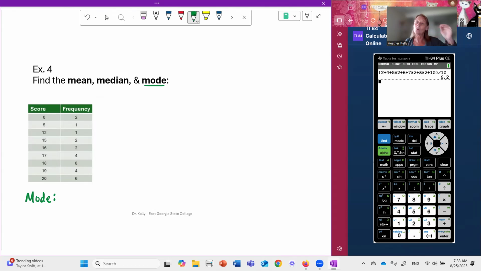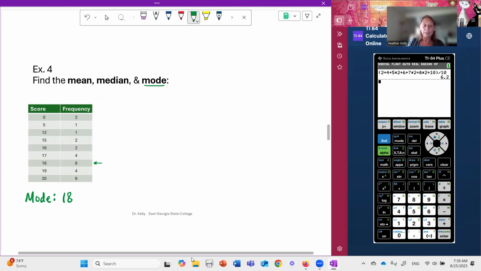We have our category on the left and the frequency of that particular data point showing up on the right. So we can just look here very, very quickly and see that 18 is the mode because it occurred 8 times. The next closest was 20, which occurred 6 times. So that's that. We're good there.